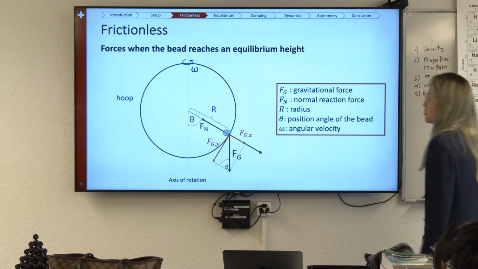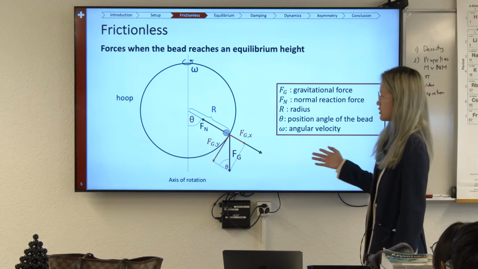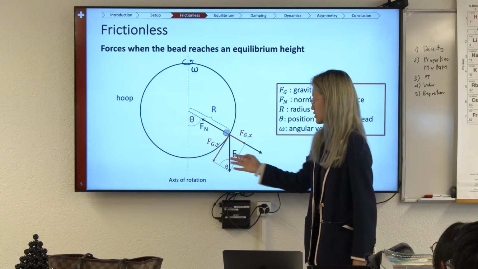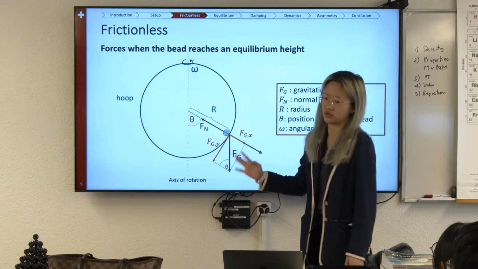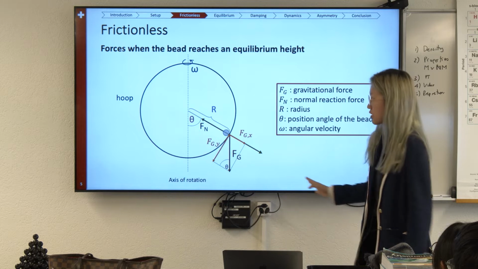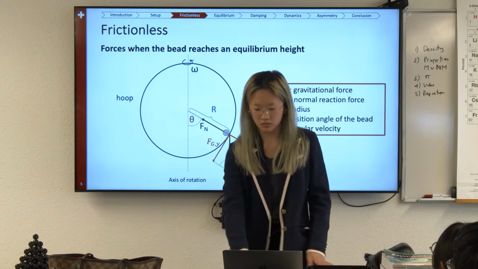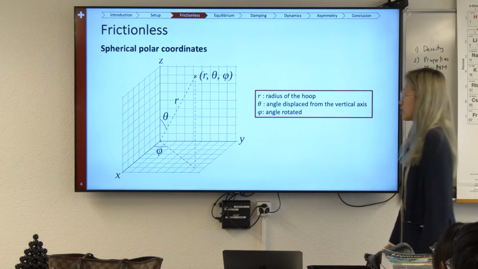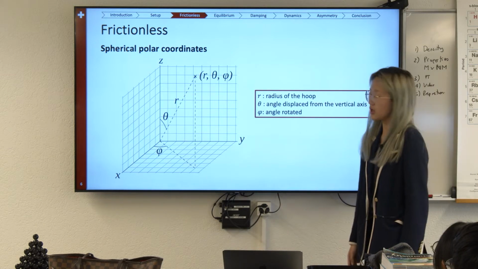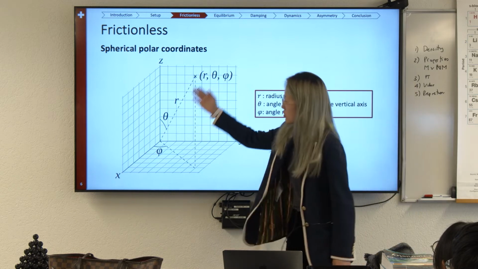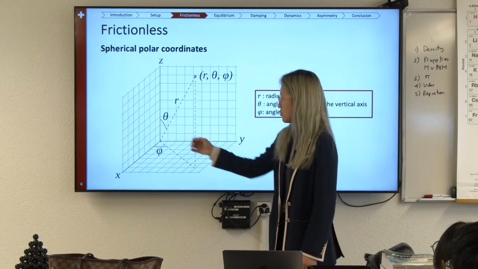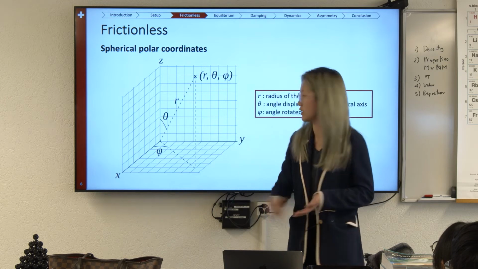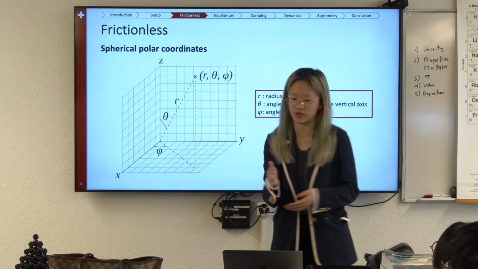Now I'll talk about my theoretical analysis. Here are the forces. There are 3 forces: the normal reaction force, the gravity force, and also the friction force, which is not shown here, because first I'm not going to investigate the friction force. This is the spherical polar coordinate system, which I'll be using in my investigation. r represents the radius of the hoop, theta represents the angular displacement of the bead, and phi represents the angle displaced by the hoop.